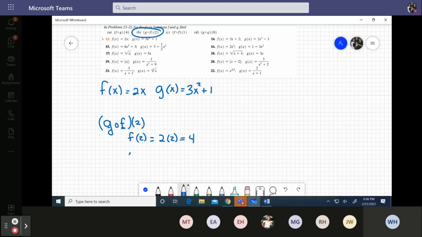So I need g of 4. 3 times 4 squared plus 1. 4 squared is 16, times 3 is 48, plus 1 is 49. So g of f of 2 is equal to 49.